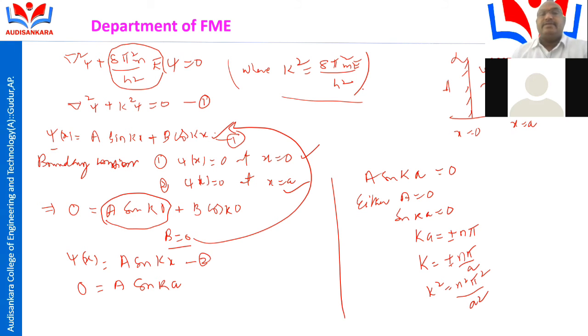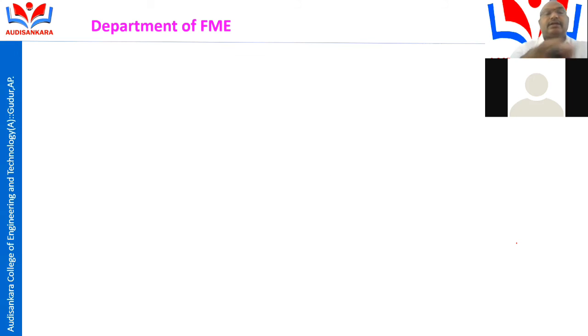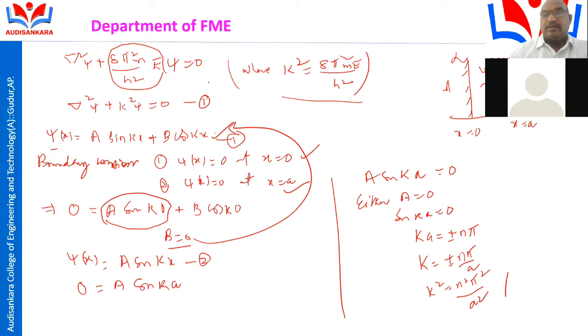So here k square is 8 pi square m E by h square, and here k square is n square pi square by a square. Both values must be equal. So 8 pi square m E by h square is equal to n square pi square by a square.